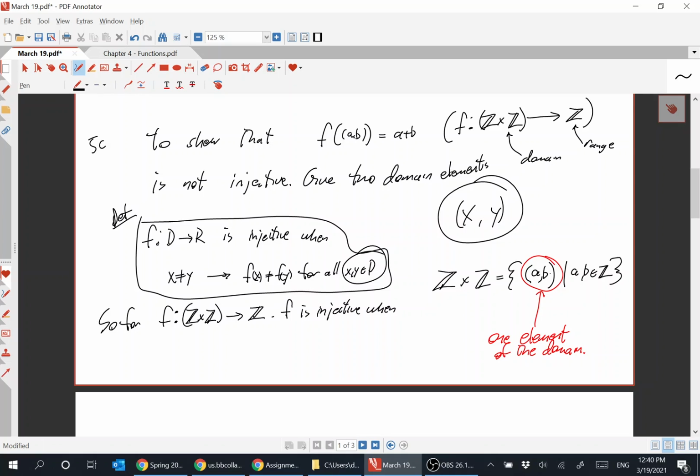A and B are not what elements of this set look like. Elements of this set look like that. Are you looking for actual numbers? Nope. I want two elements of that set. There's one element right there, (a, b). Give me another one.